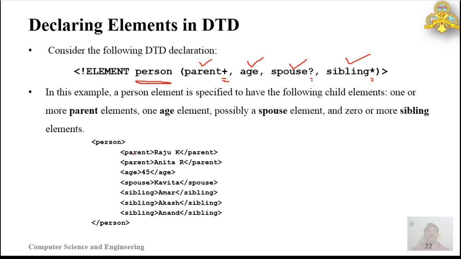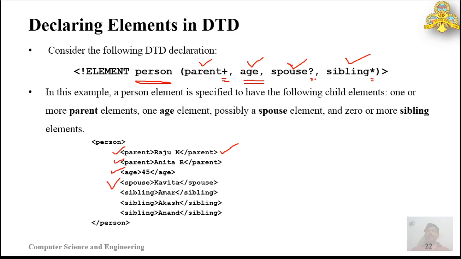In the example given here, for the person the parent child node appears twice, and for age, since the age information is only one, there cannot be more than one age information, so the child node appears only one time. Spouse, here only one or no spouse information. If the person is unmarried, then spouse information will be absent.